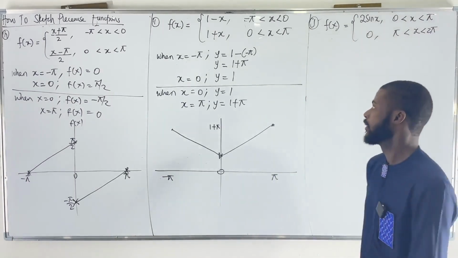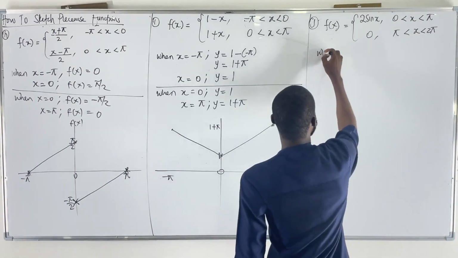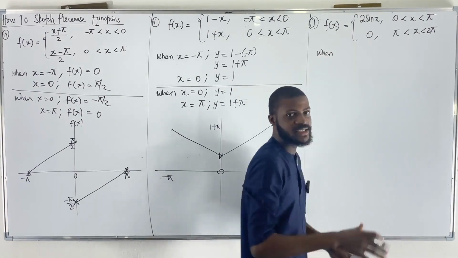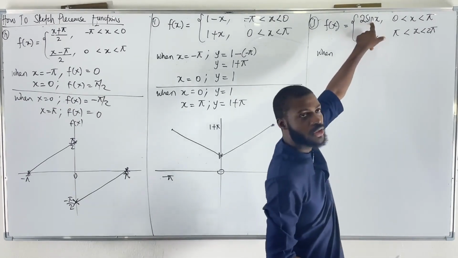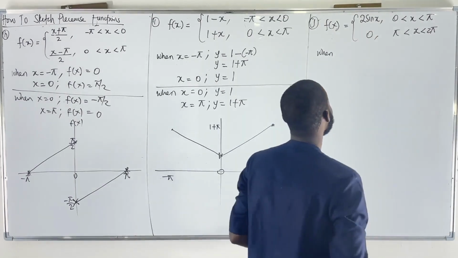Okay, let's get started. So first of all, the first thing you need to know is this is like a curve. It's curved. It's not going to be straight, so be very careful.